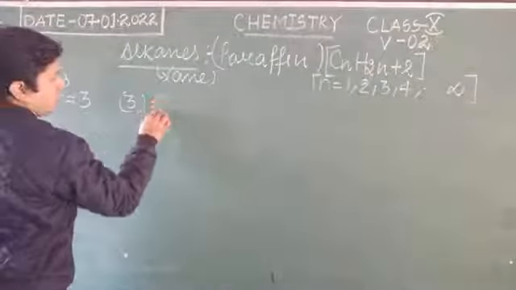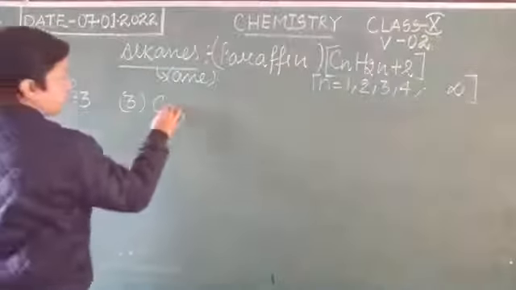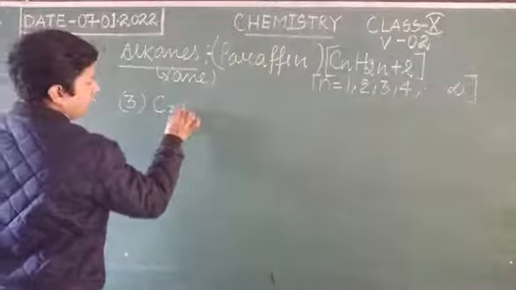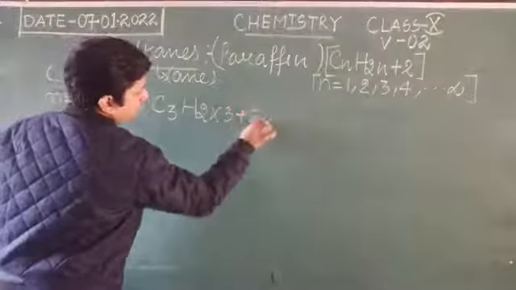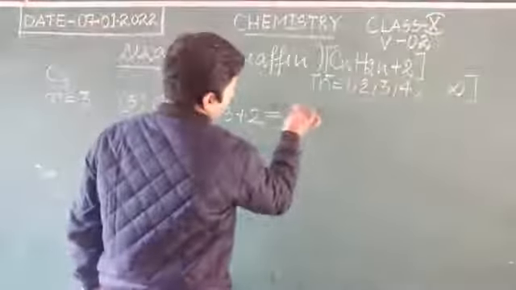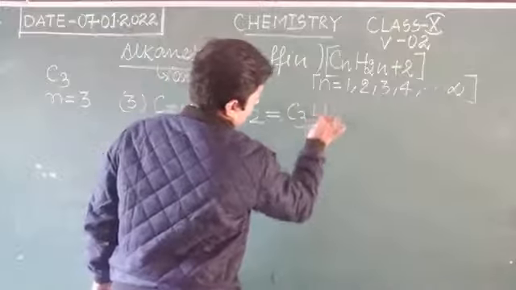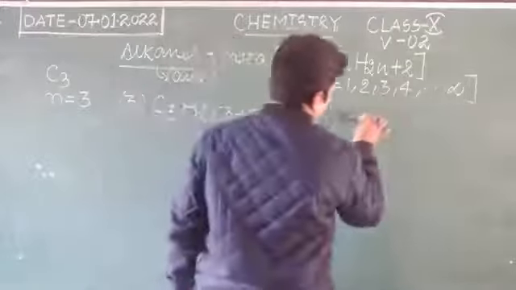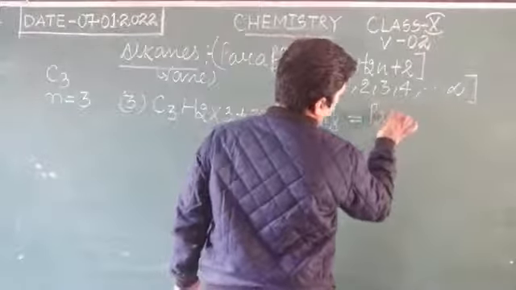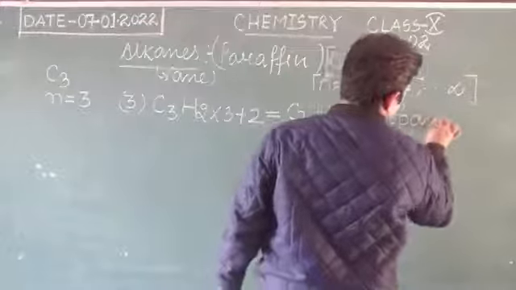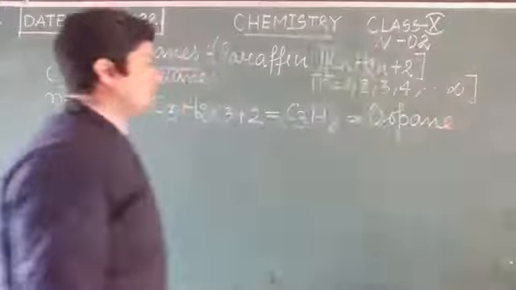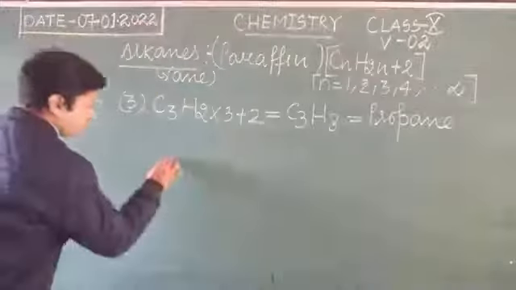When we put the value of n equal to 3, it becomes C3H(2 into 3 plus 2). It becomes C3H8. For 3 carbon atoms, we use the word prop, and we add the suffix ane, and it becomes propane.